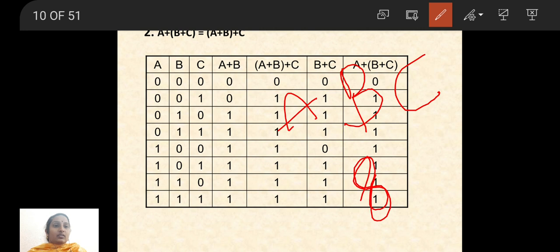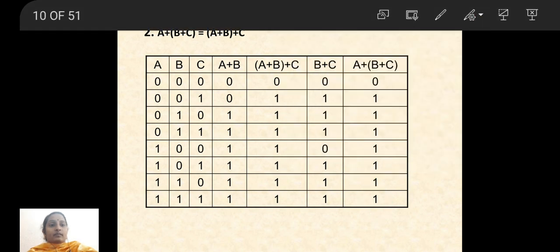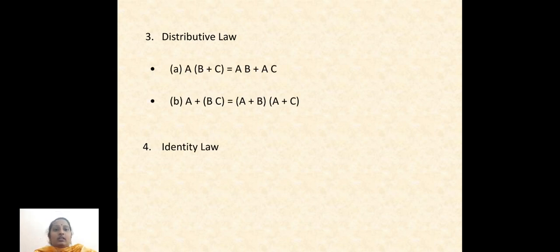Okay. So next, while coming to the next law, the distributive law. a into b plus c is equal to ab plus ac. According to the distributive law, a into b plus c is equal to ab plus ac.